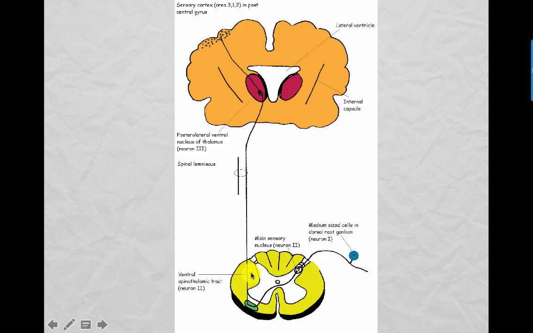The ventral spinothalamic tract will be present in all the levels of the spinal cord, and in the level of the middle pons it joins its brother, the lateral spinothalamic, to form the spinal lemniscus. And then fibers will pass to the third order neuron to reach the ventral posterolateral nucleus of the thalamus. The axons will pass through the posterior limb of internal capsule, sensory radiation, postcentral gyrus, areas 3, 1, 2.